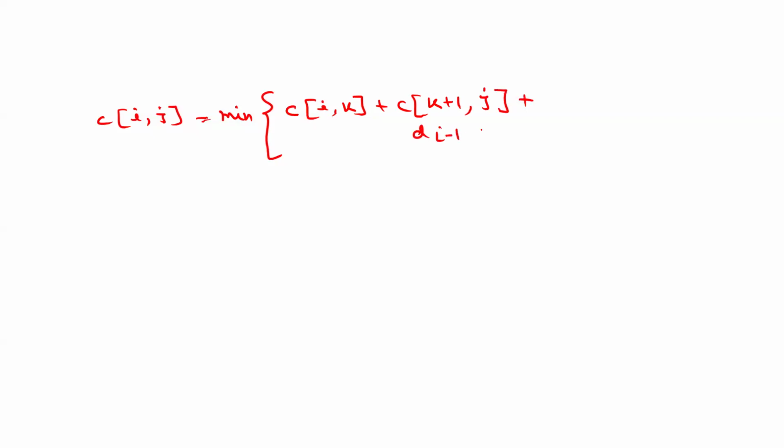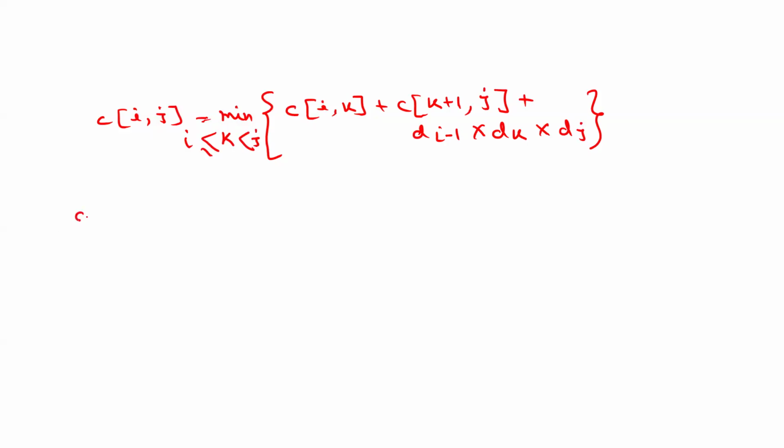We calculate Cij as the minimum of C(i,k) plus C(k plus 1, j) plus d(I minus 1) multiplied with dk multiplied with dj, where the k value is greater than or equal to i and less than j.